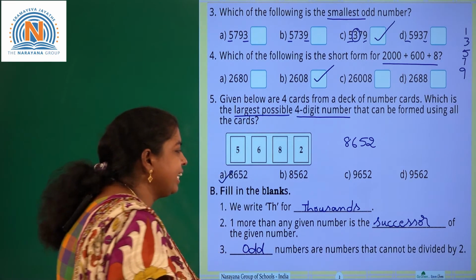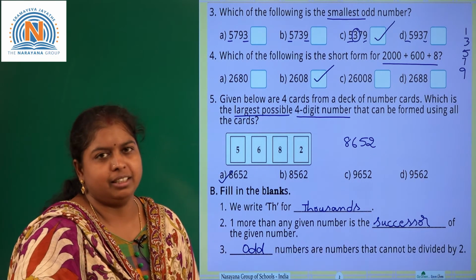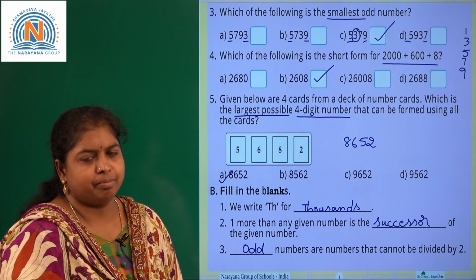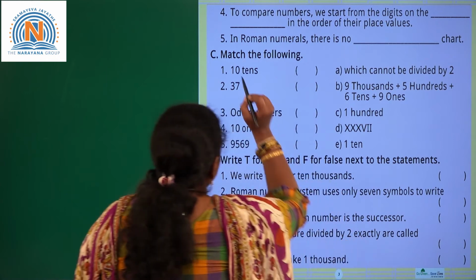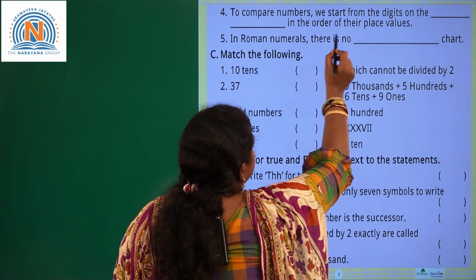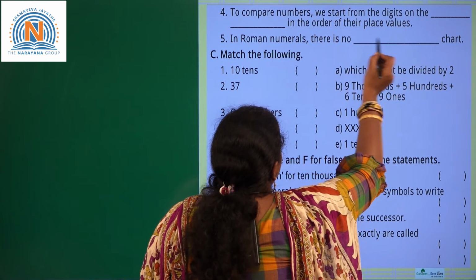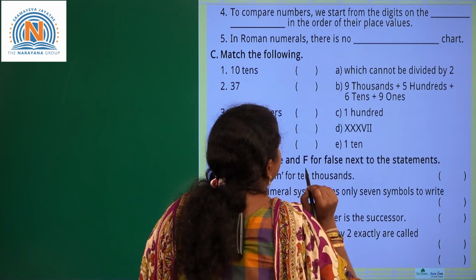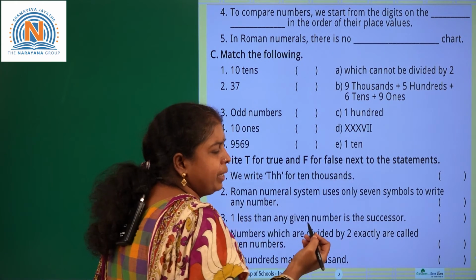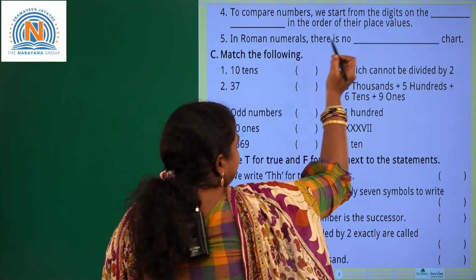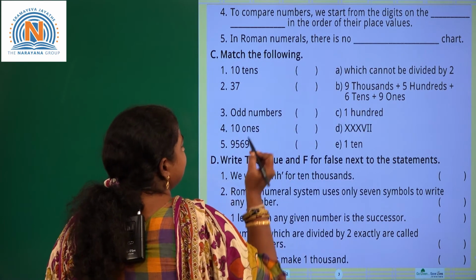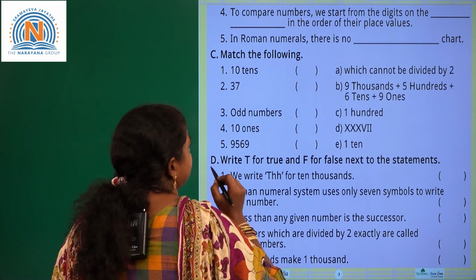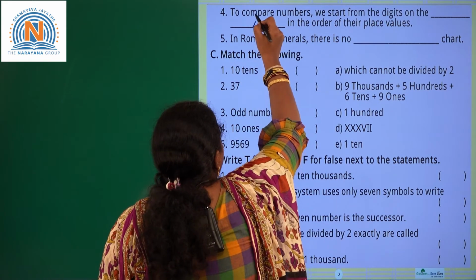Next one. To compare numbers, we start from the digits on the dash in the order of their place values. From where you will compare? While comparing the digits, you will go from your left hand side. That means highest place value onwards. Right? So, you have to write left.